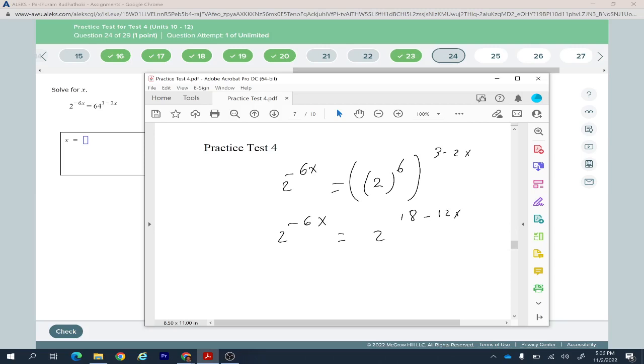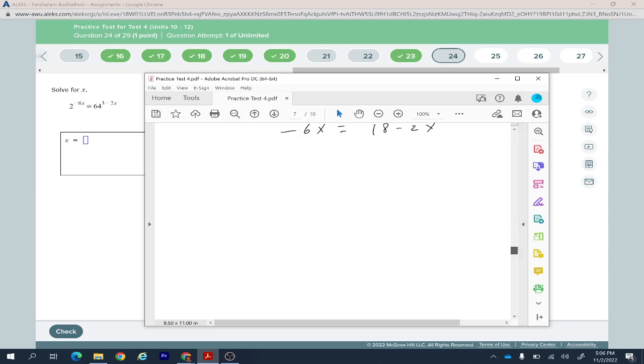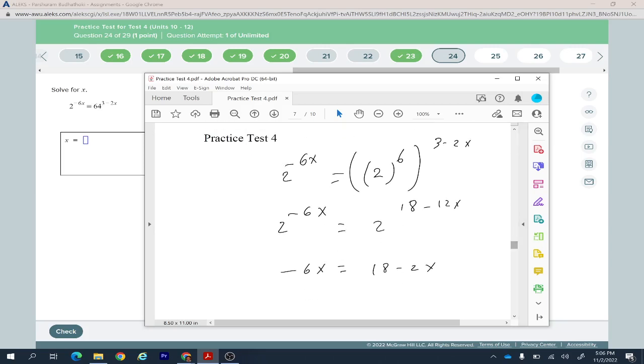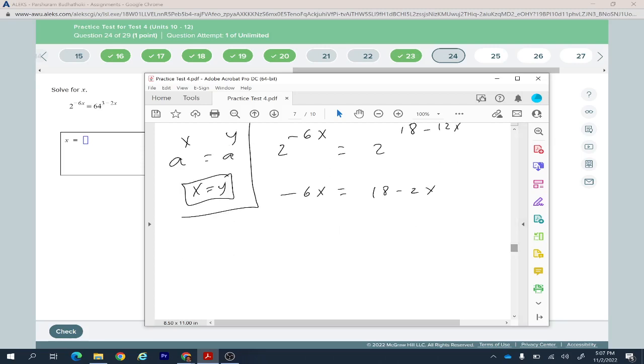So if you have the same base, their exponents should be equal. That is the one good thing we can use about exponentials with the same base: a to the power x equals a to the power y means x and y have to be equal. So now solve for x. There is a -6x, so I'm going to add 2x.